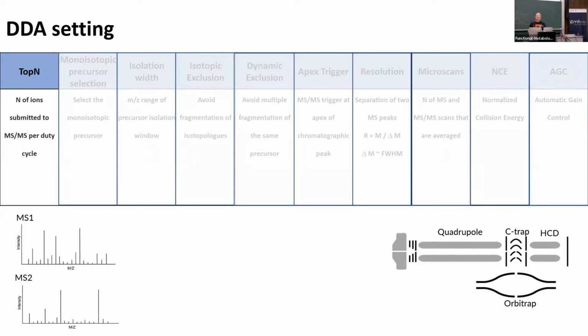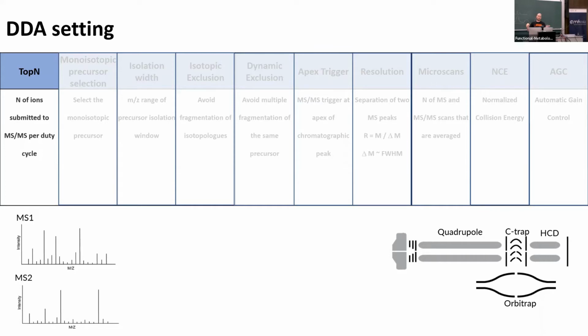So, okay, first thing, top N. That is simply the number of MS events per duty cycle. So that would be, I don't know, a top 3 scan. It would do an MS1 precursor scan, and then would pick the 3 most abundant peaks. And then in the next round, if they're set on the exclusion list, then it would go down the ladder and pick the next 3 ones, right?